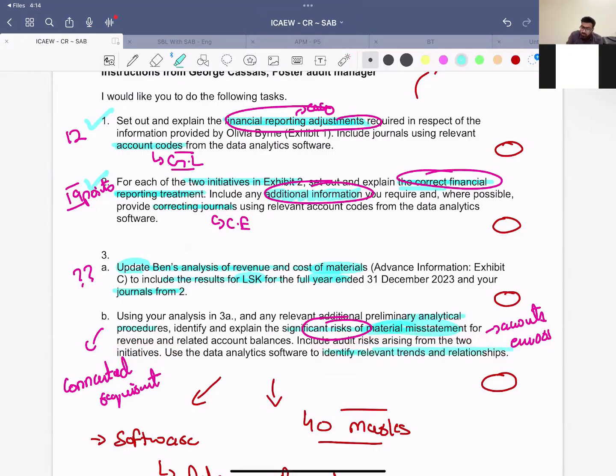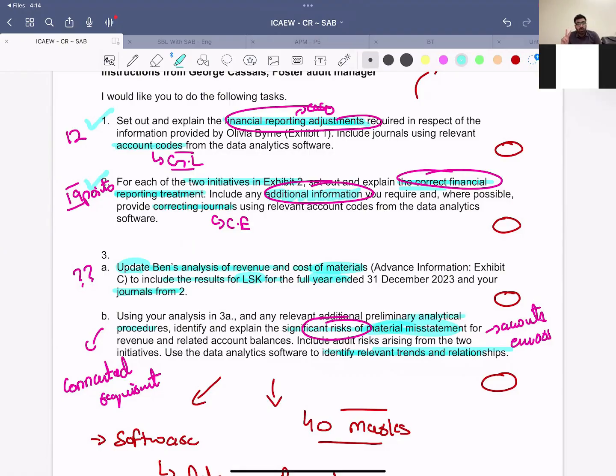So, sir, while reading this, we are pretty sure now that accounting software, and a grip on that software, and thinking of these would be very much required. So yeah, these are required, and then you should be really happy to do these things, right? So there are 4 requirements, guys. One is financial reporting adjustments.